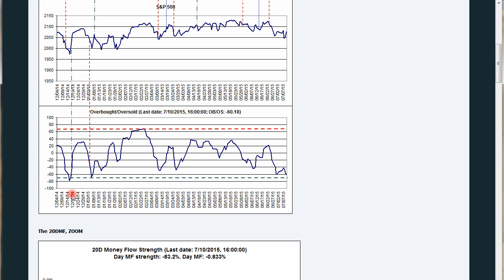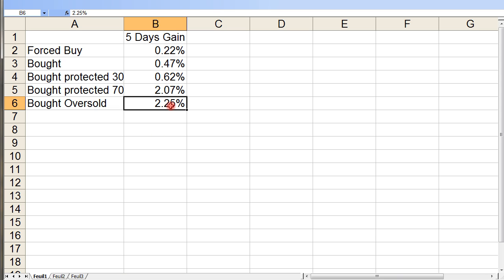It's a very small bounce back up. As soon as it bounces back up, this indicates that some money is moving back into a very oversold market. This is a very strong signal, and you absolutely need to buy such a signal. And such a signal gives 2.25% return for the next 5 days.